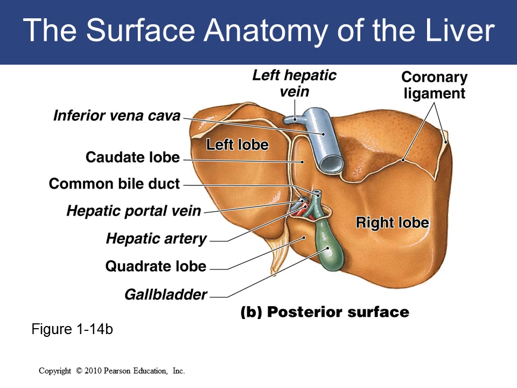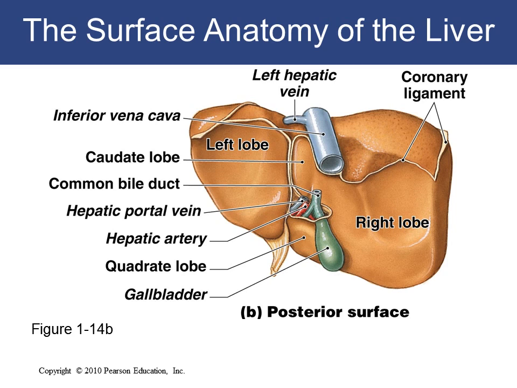But the posterior surface, also known as the visceral surface, is covered with peritoneum, except at the fossa for the gallbladder and the porta hepatis, which is a transverse feature where vessels, hepatic nerve plexus, and hepatic ducts that supply and drain the liver enter and leave it.